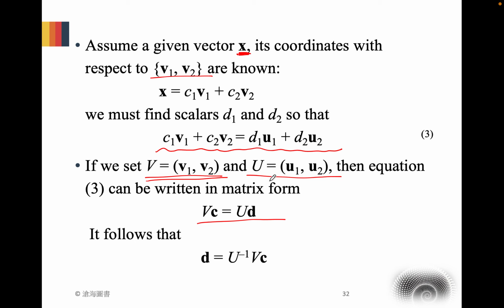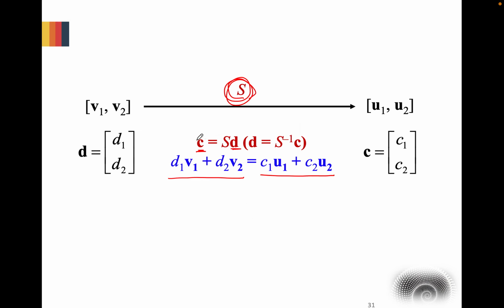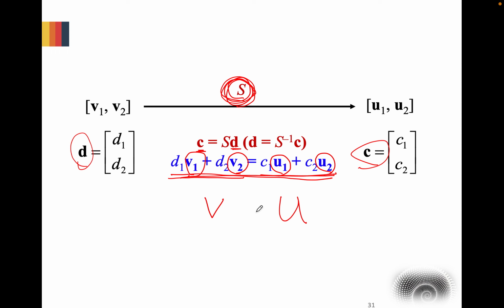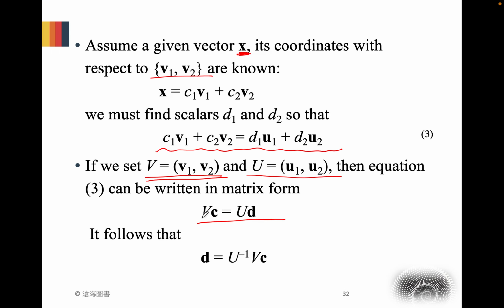We already know what we are going to do. We want to find the relation between D and C. We want to find the matrix S, okay? And we know the relation between them should be written like this. And now we define the V1 and the V2 to form a matrix capital V. U1 and U2, we form a matrix called capital U. Then we can write the relation in matrix form as VC equals UD, right?